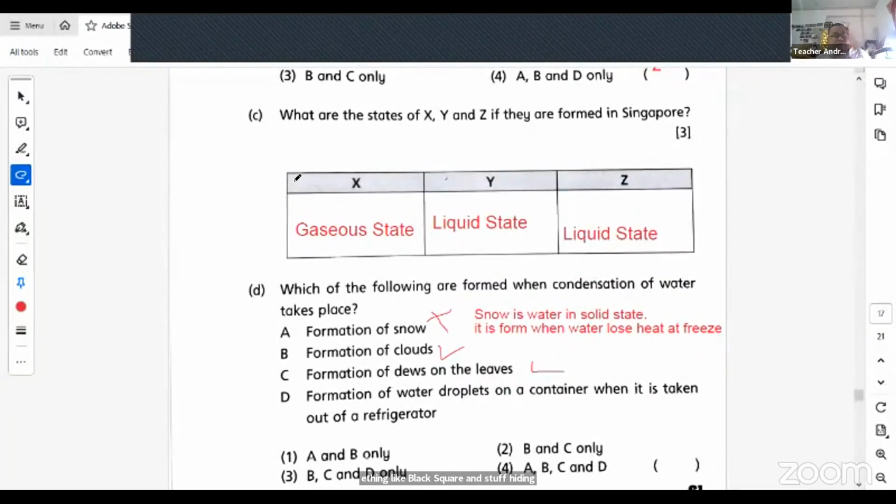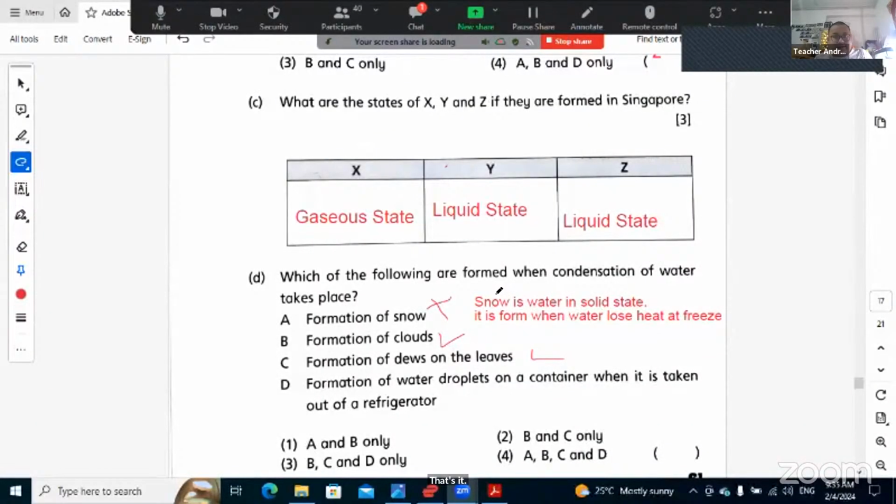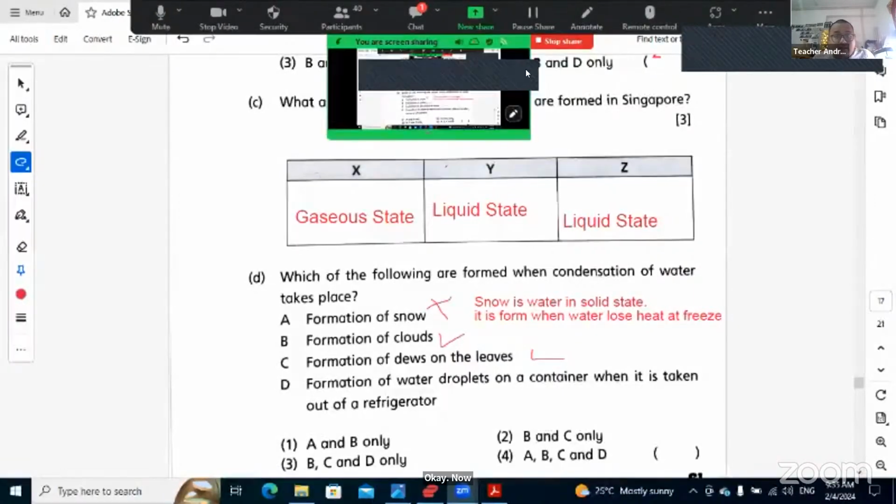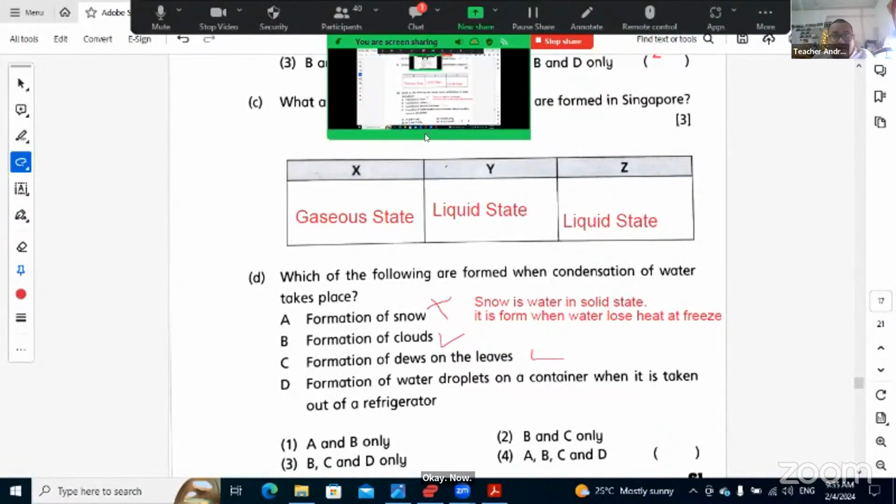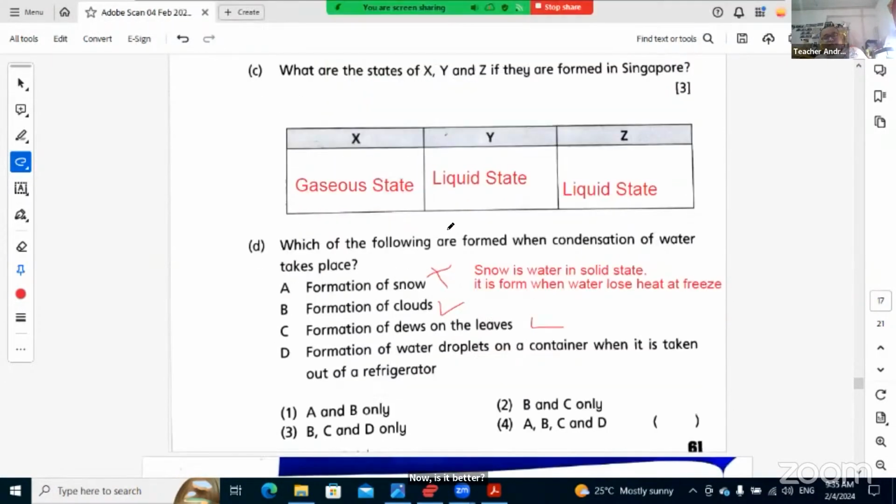Black square. Hang on, let me see how do I transfer share. Now can you see? Now is it better? Okay, let's carry on then.